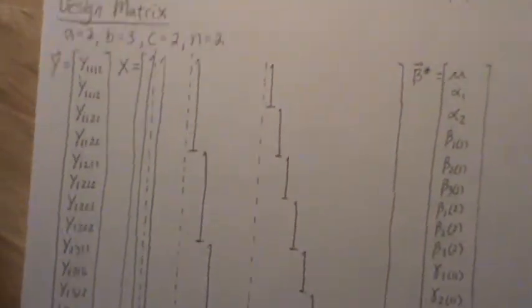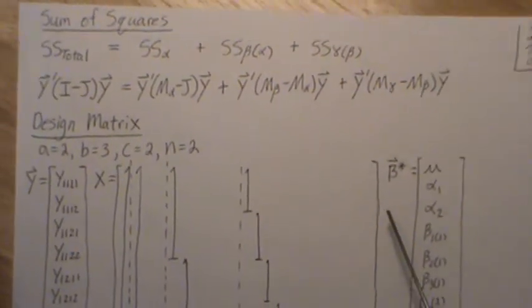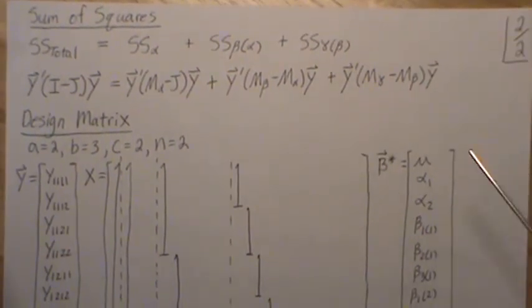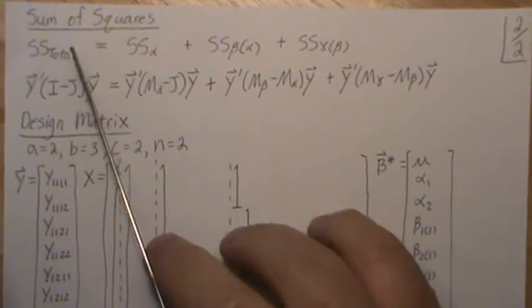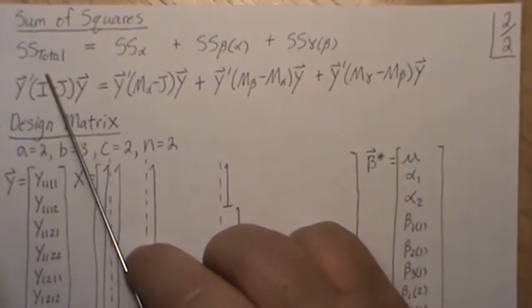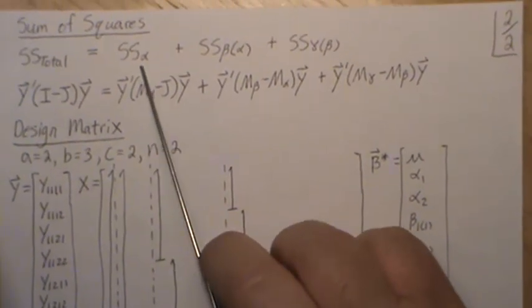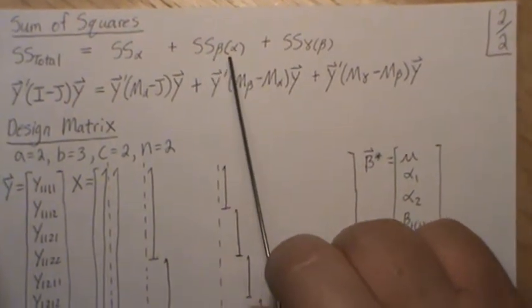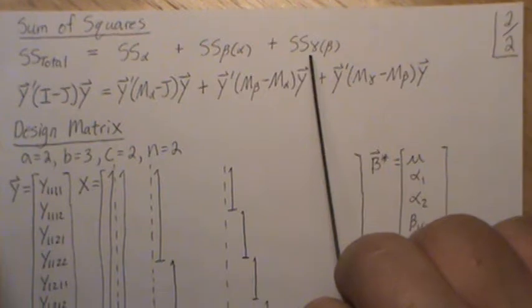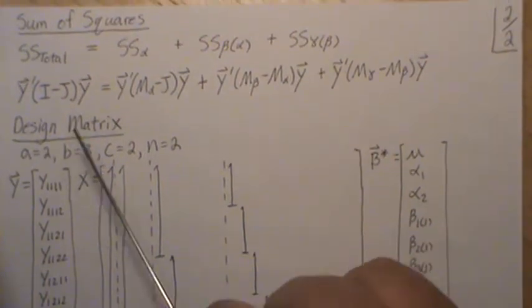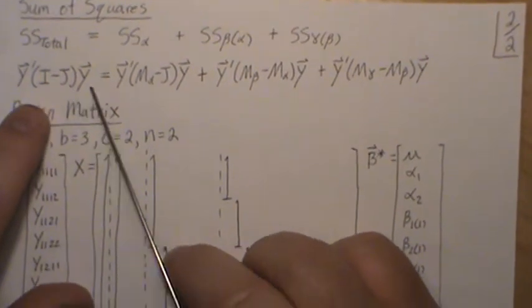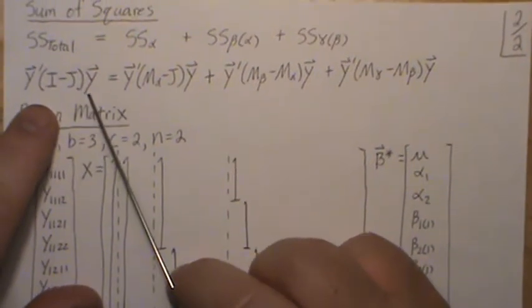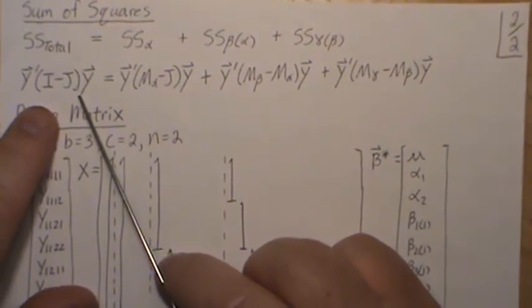Now, to create the sum of squares error, we use those column spaces that are orthogonal. So the total can be partitioned into sum of squares for factor A, sum of squares for factor B nested within A, sum of squares for factor gamma nested within B. And it starts out with the total sum of squares, like doing this in matrix notation.